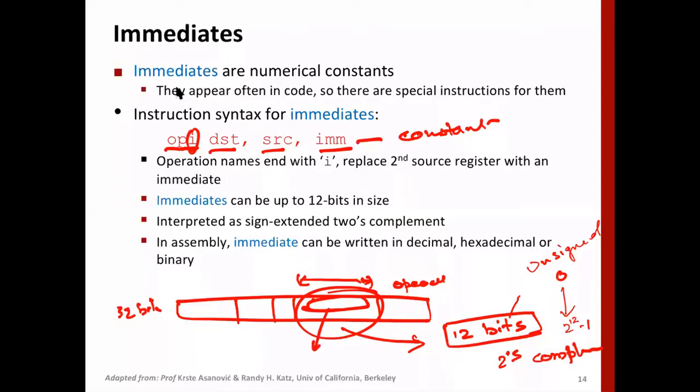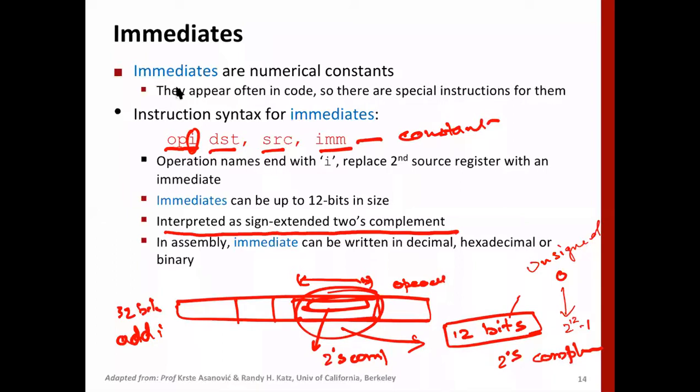Now the syntax of the operation will define that if it is an I type operation, say addi, then the 12 bits here represent 2's complement. So this semantics is known right from the beginning, when the instruction is decoded and executed. So we interpret this as a sign extended 2's complement.